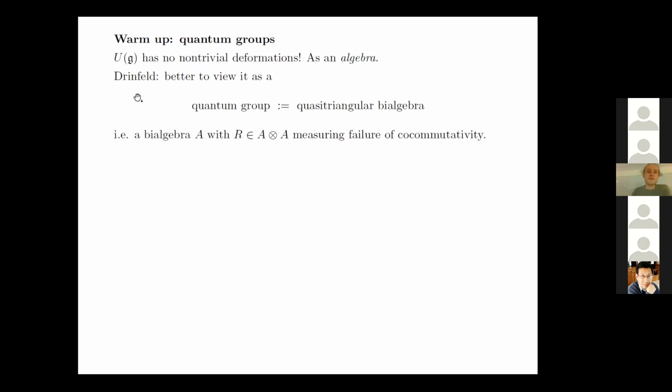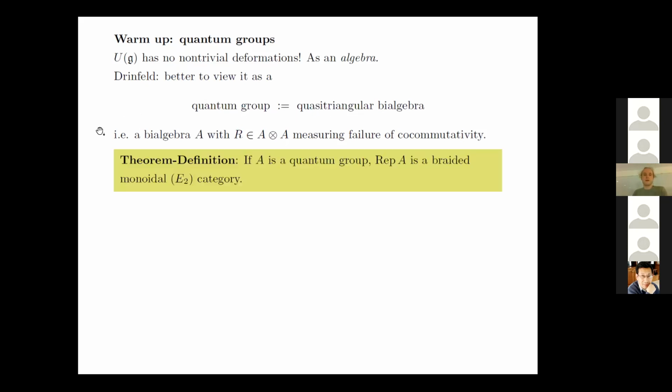So I'll state the definition for a quantum group in a second, but something which will be relevant is that this is essentially the moral definition of a quasi-triangular bialgebra. If A is a quantum group, a quasi-triangular bialgebra, then its category of representations is a braided monoidal category. Okay.